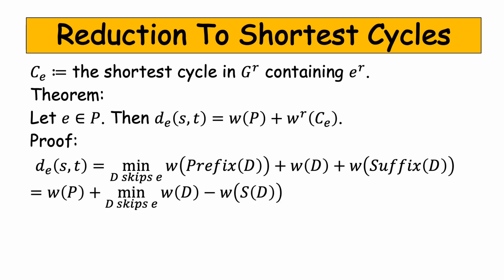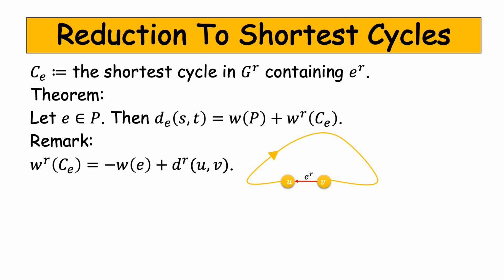As we've seen by the second observation, we can write it as the weight of the path P plus the minimum of the weight of D minus the weight of S of D, over all detours that skip E. Now we can say, as we've seen a minute before, that the weight of the minimal cycle that contains ER is of the form of D concatenated with the part that the detour skips, which is SRD. So therefore we have equality.